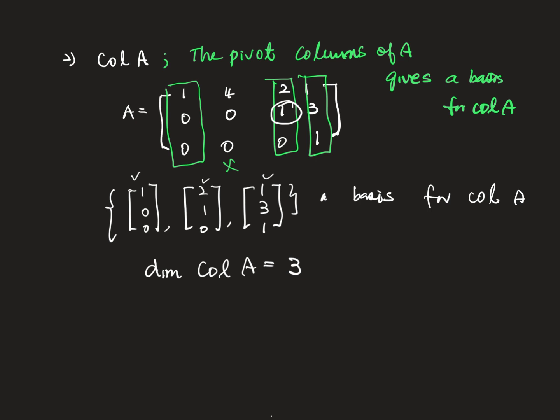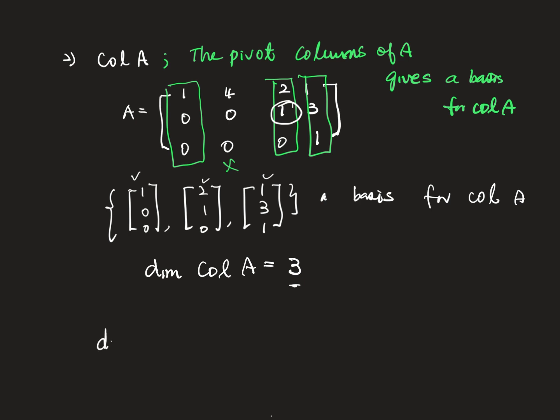So what you can guess from previous slides, dimension of null space, dimension of column space. In the previous slide, we found the dimension of null space is the number of free variables. How many free variables? Just one. Here we are looking for how many pivot columns of matrix A. That's 3.